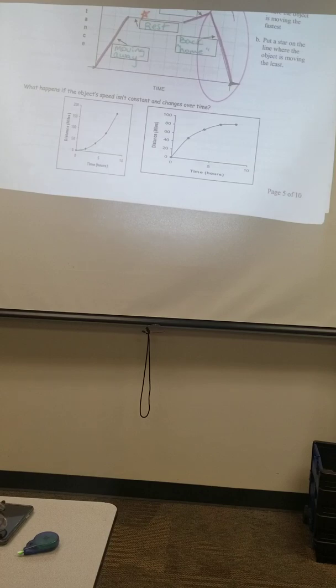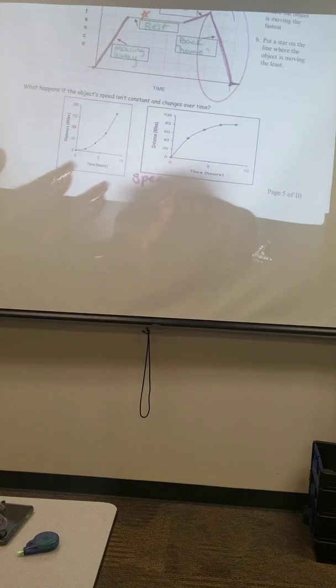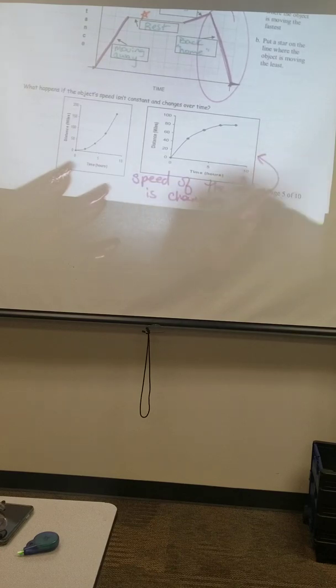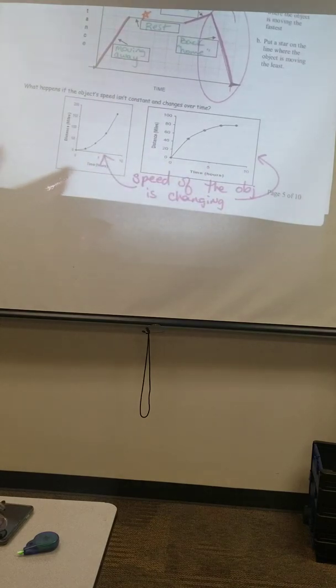When I have a curved line on a DT graph, that means that the speed of the object is changing. Those other nice, pretty straight lines were consistent speeds that were exactly the same, and it wasn't speeding up and it wasn't slowing down. Here, the object's speeding up and it's changing its speed, and that's where that curve comes into place.